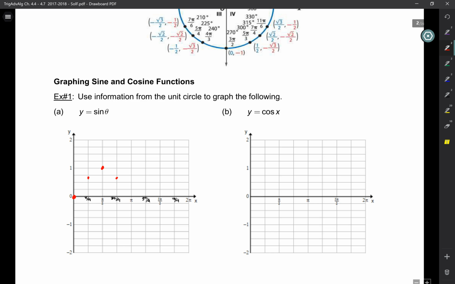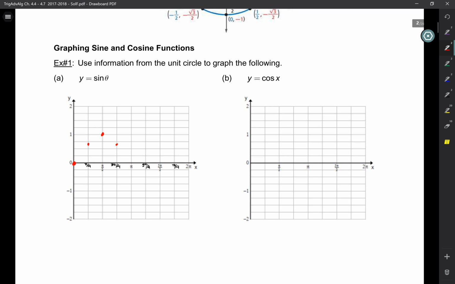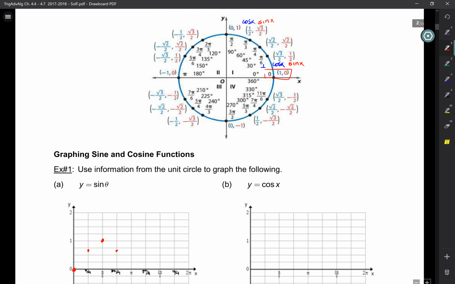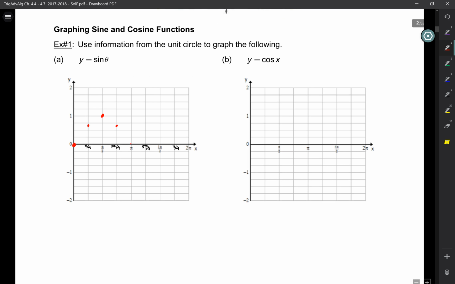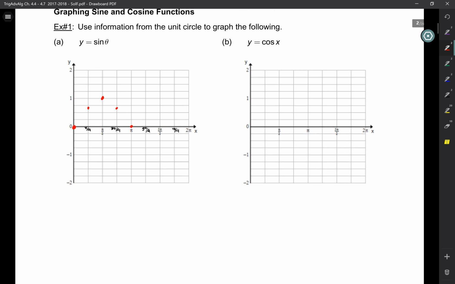And then at pi, what's the sine? It's the y coordinate. 0. And then at 5 pi over 4, the y coordinate, negative 0.7.